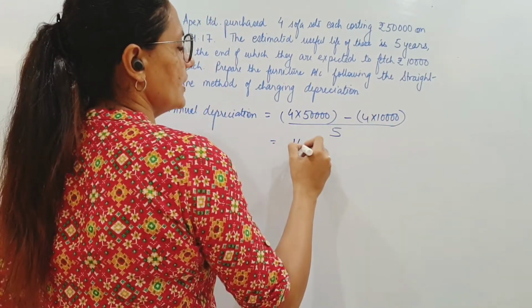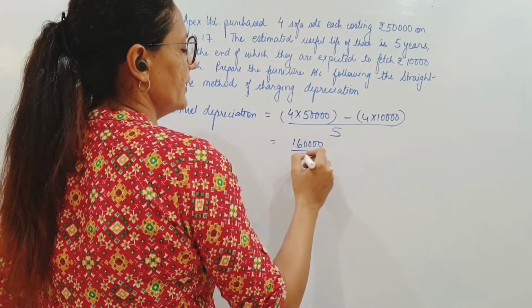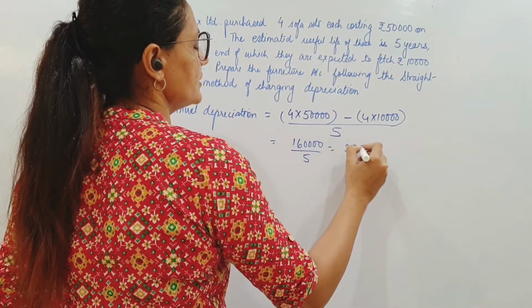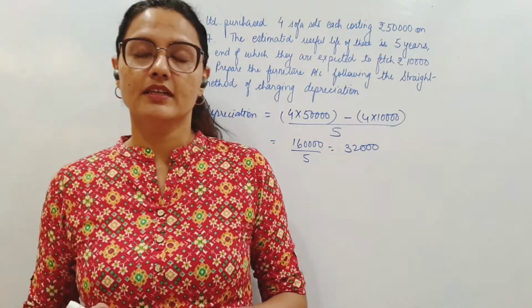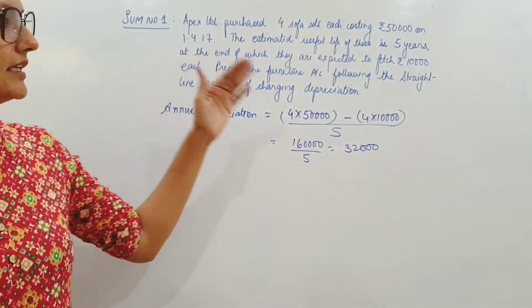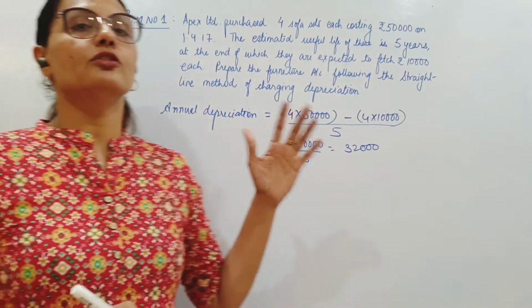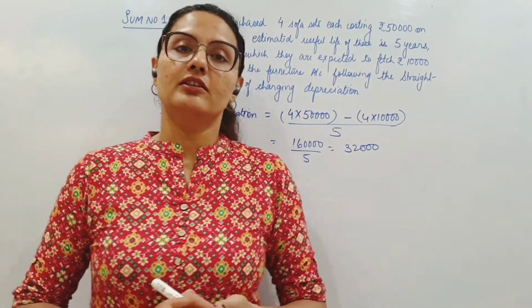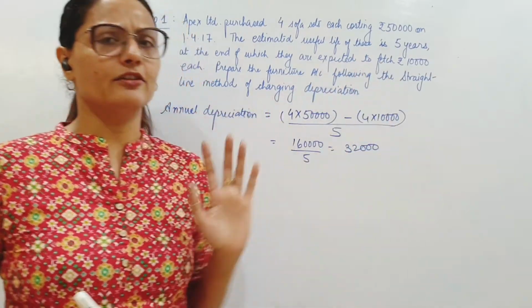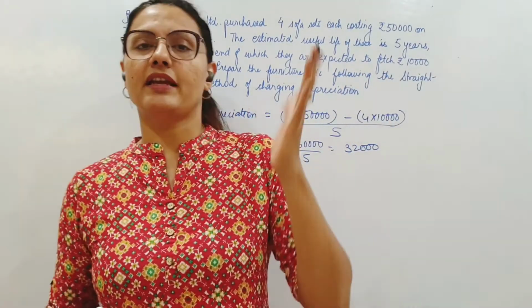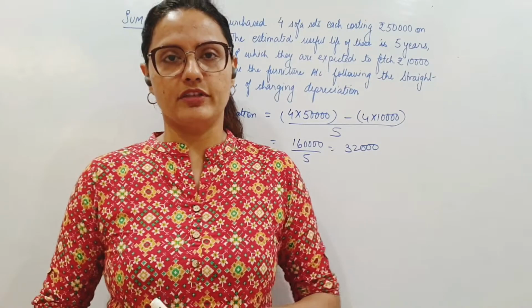So this is 1,60,000 divided by 5, 32,000. If we keep subtracting 32,000 each year, we will see at the end of the 5th year, your asset value shows the estimated scrap value, 40,000. Now, whatever price you sell it off at, that is a different issue.